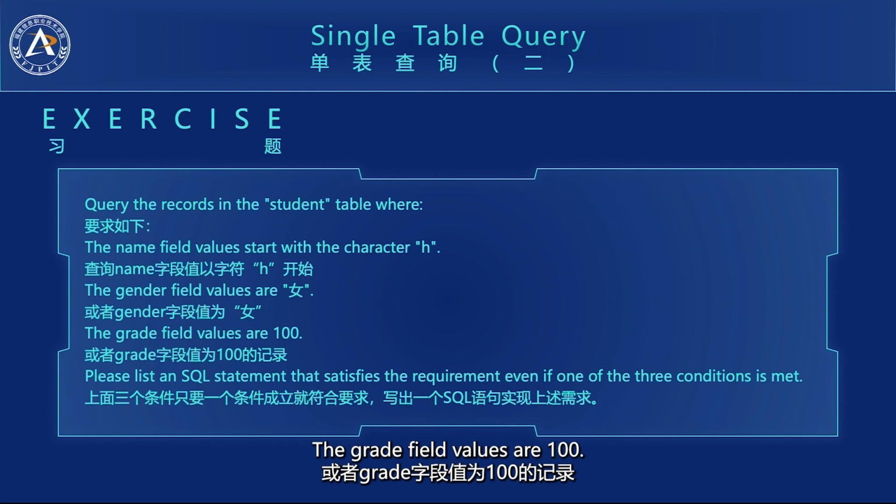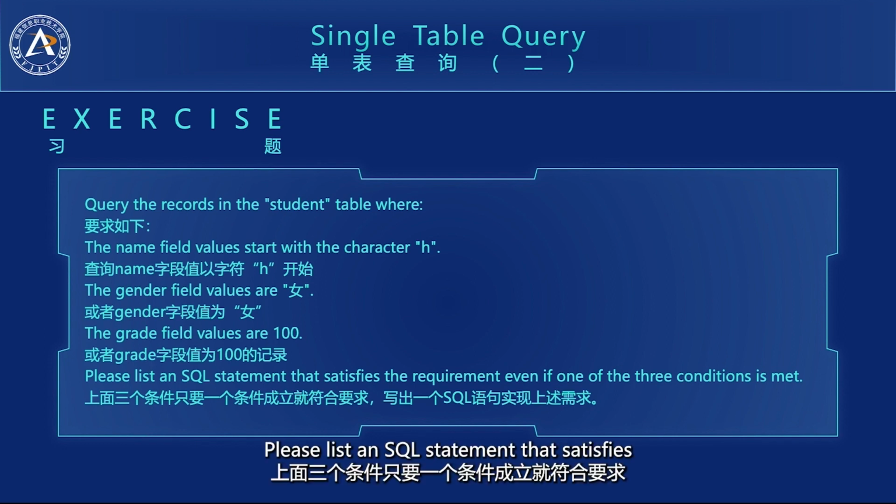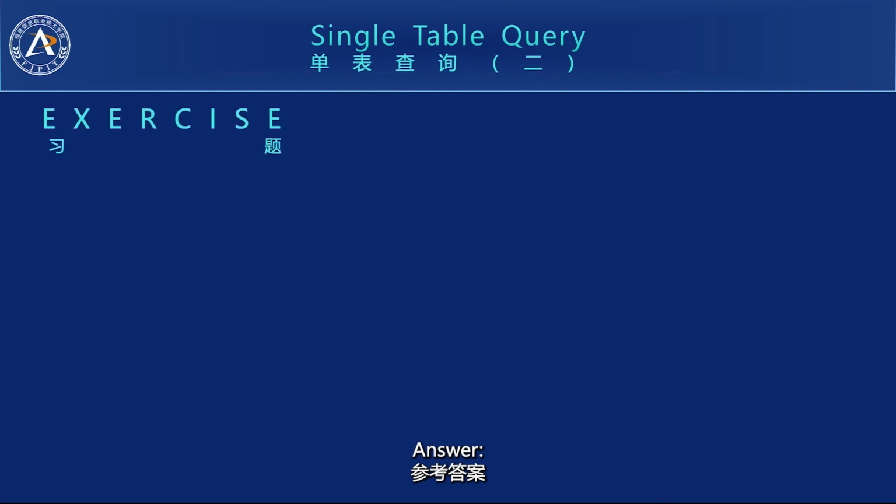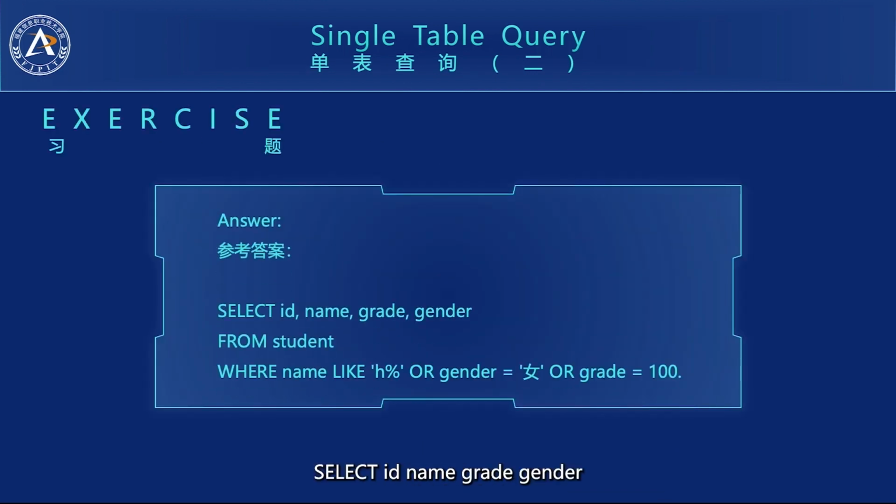The grade field values are 100. Please list an SQL statement that satisfies the requirement even if one of the 3 conditions is met. Answer. Select ID, name, grade, gender, from student, where name like H% or gender equals or grade equals 100.